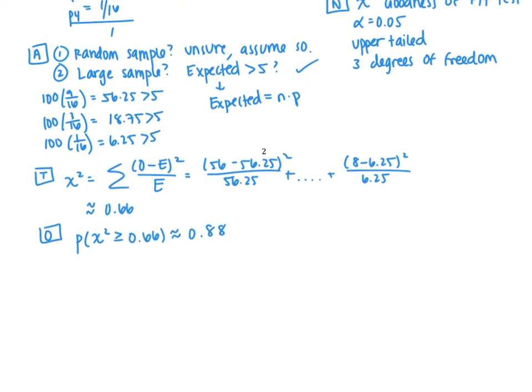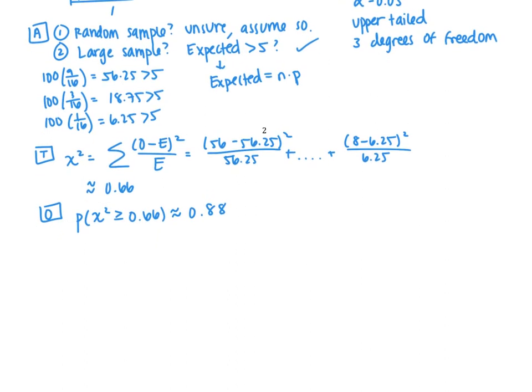Okay. That's beautiful. Okay, so like I said, we are going to draw a figure, but I'm going to skip that for a minute. So in this case, 0.88 greater than 0.05. So we would fail to reject.